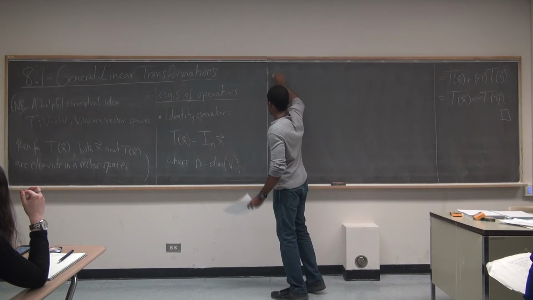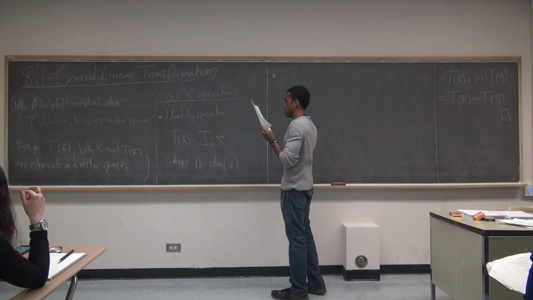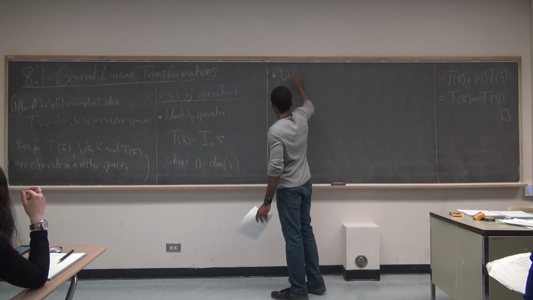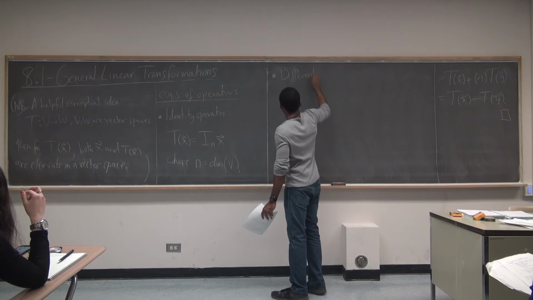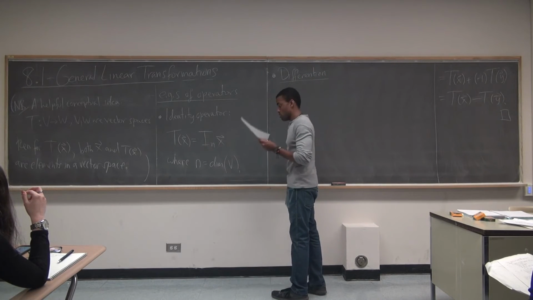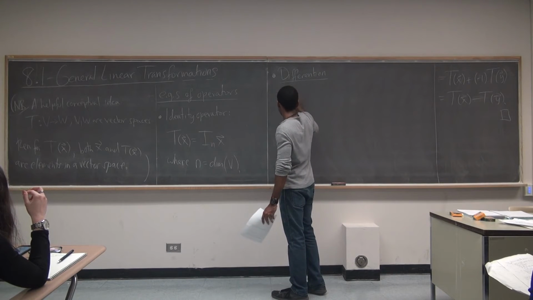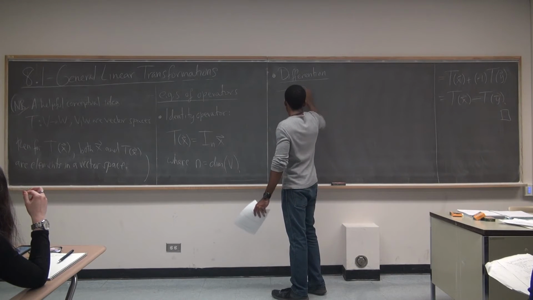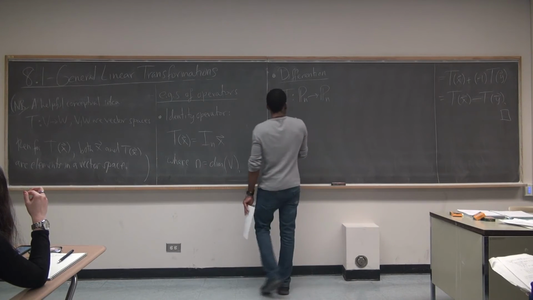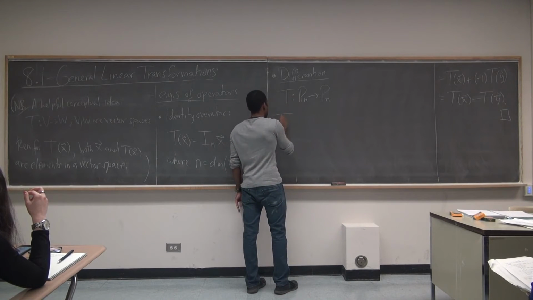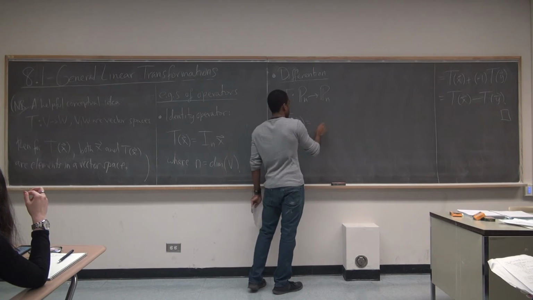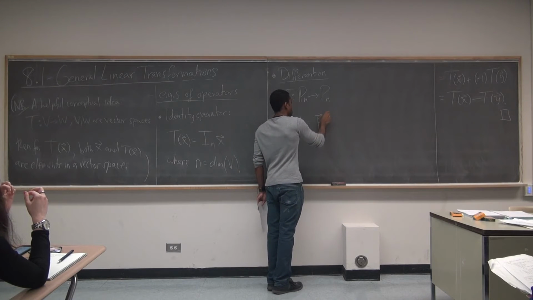Another example. Differentiation is a linear operator. So I can think of T as going from P_n to P_n, which we know are vector spaces, and I can define T of P, some vector there, as just P prime, the derivative.